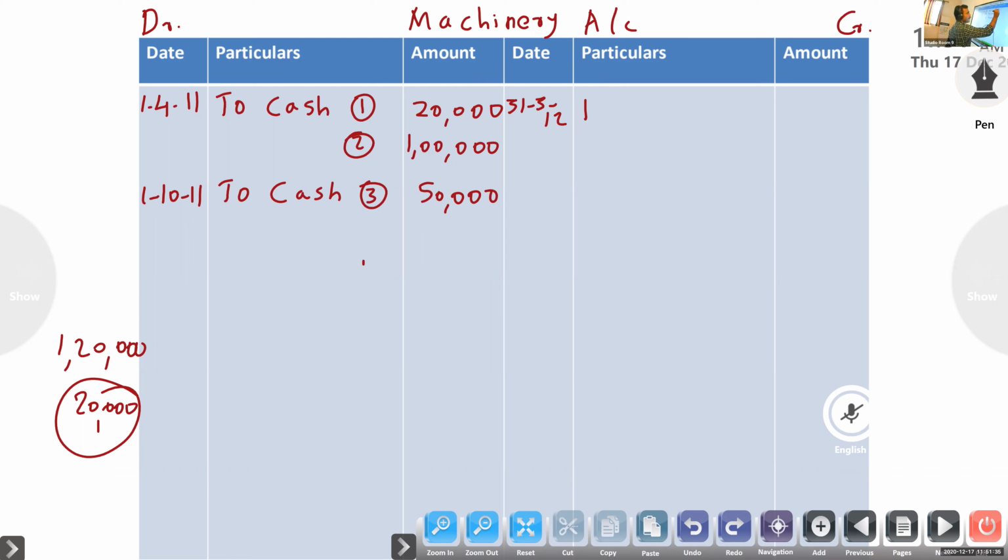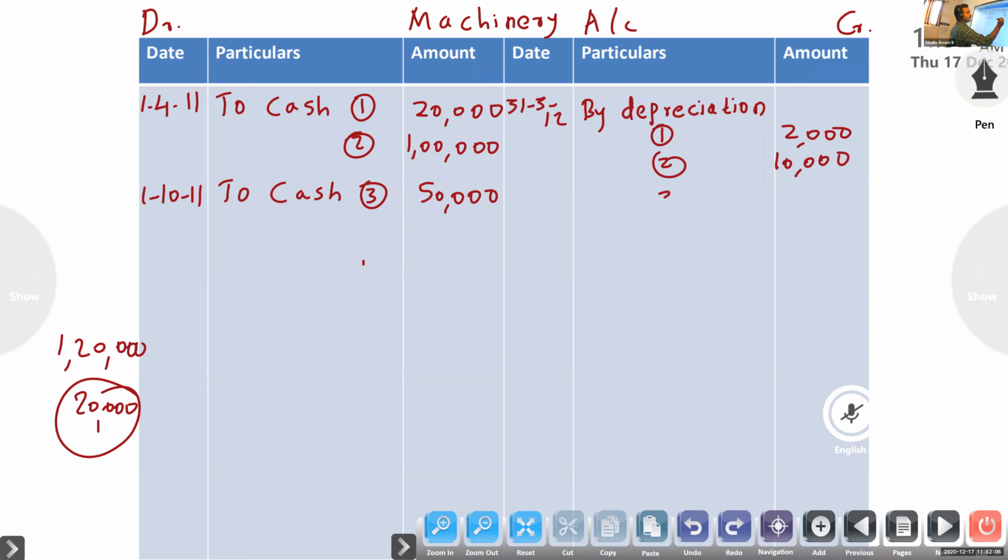So we will write by depreciation. If this part is there, it is easy, otherwise you have to write a working note. First one, it is purchased on 1st April, full year, so 10%, 2,000. Second, 1 lakh into 10%, 10,000.